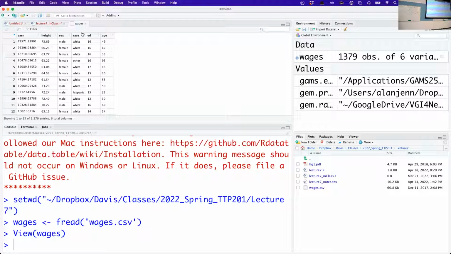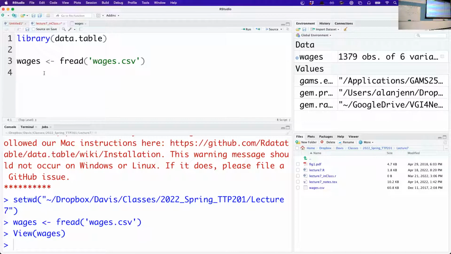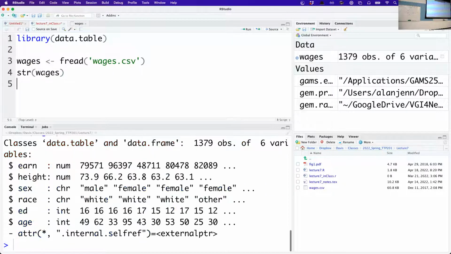Okay, so we are going to do just that. And actually, if I look at the structure of wages really quickly, we'll notice that we have a couple numeric ones, a couple characters, and then a couple sort of integer variables.